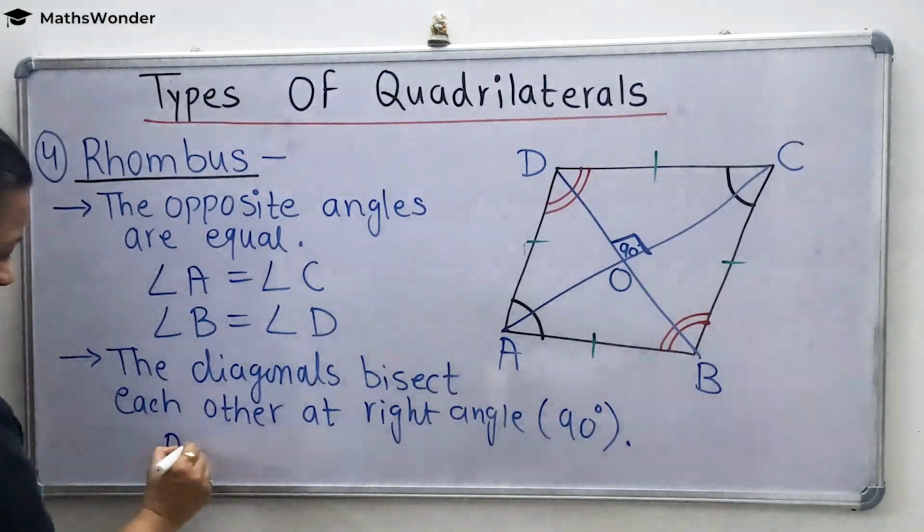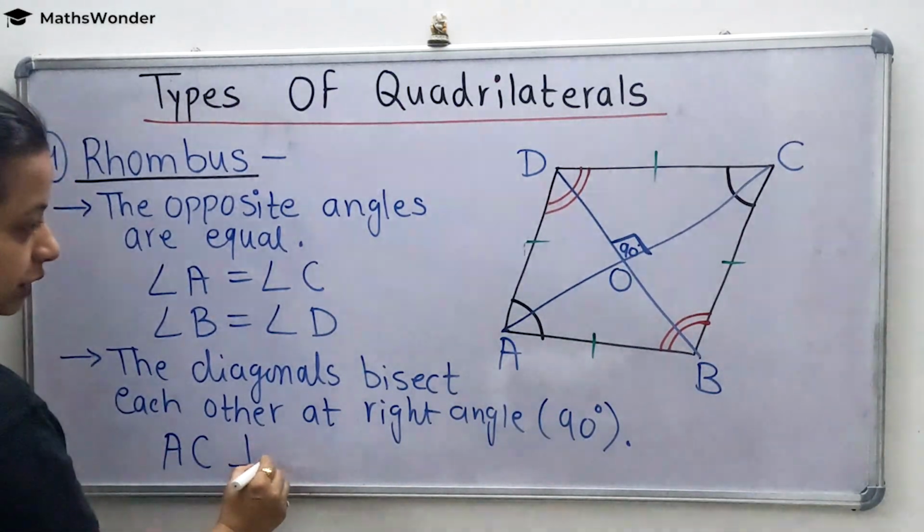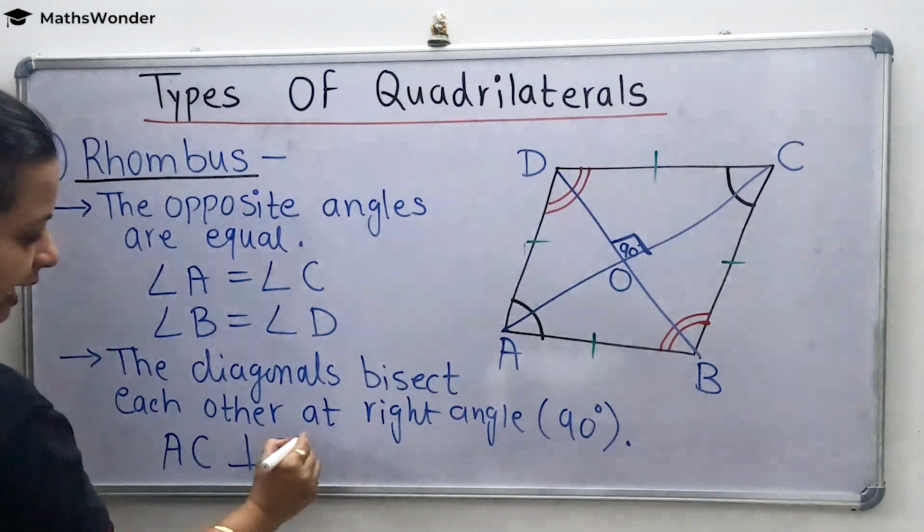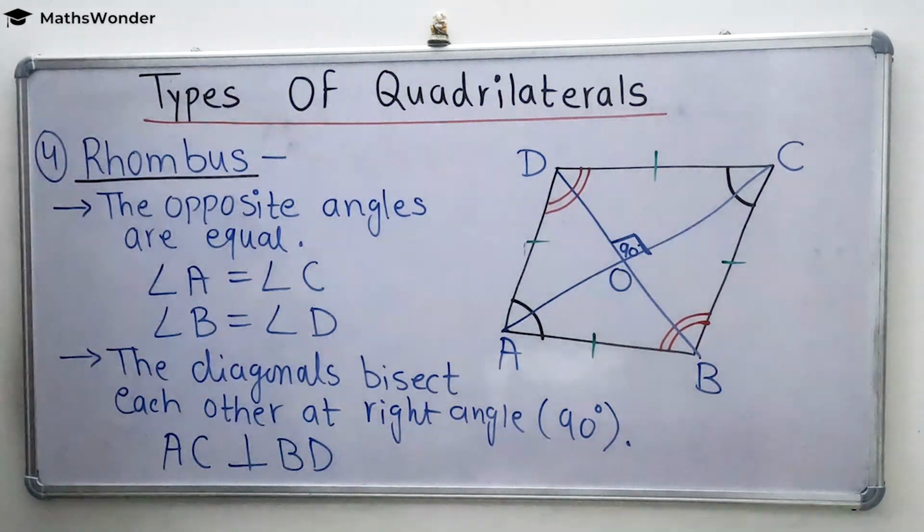How will you denote it? AC is perpendicular to BD. That means they intersect at O at 90 degrees.